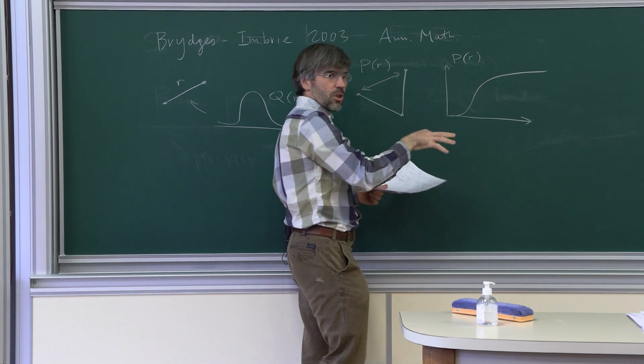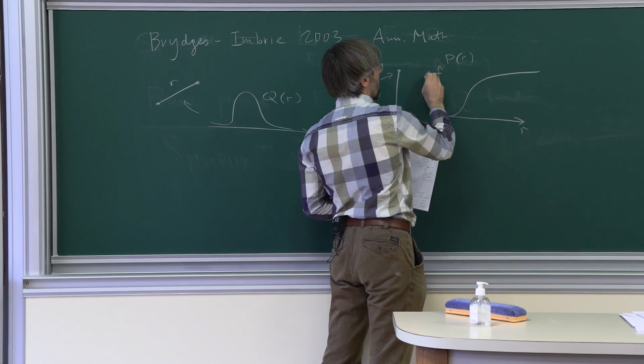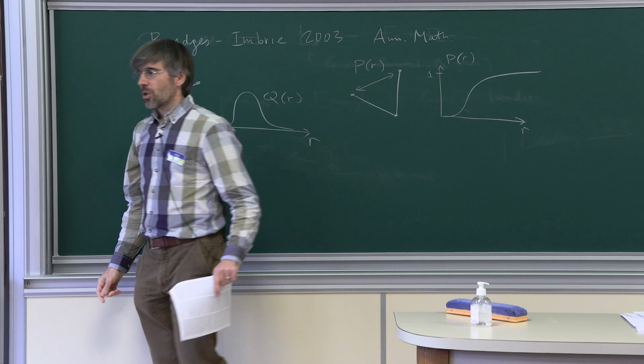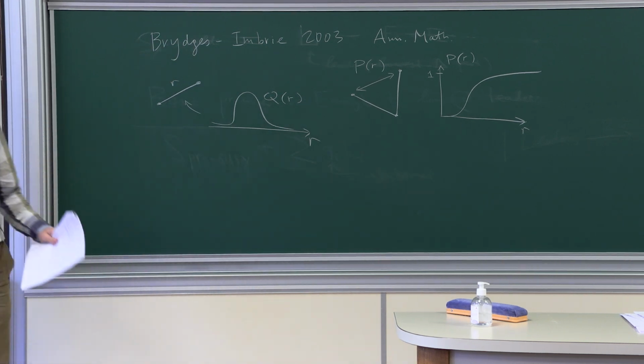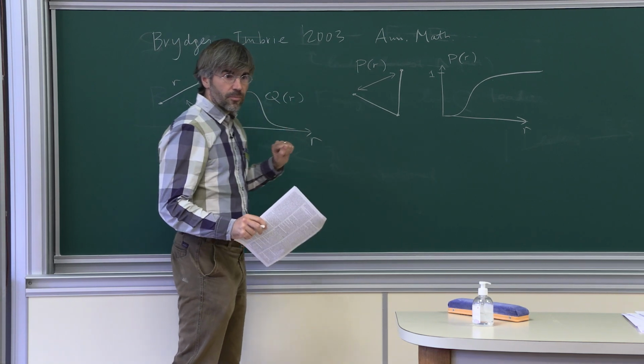That means that those configurations are going to be suppressed. And if the distance is large, then this factor P of R is 1, and it means that all those configurations are allowed. So a general model of branched polymers is going to be characterized by these two functions, Q of R and P of R.